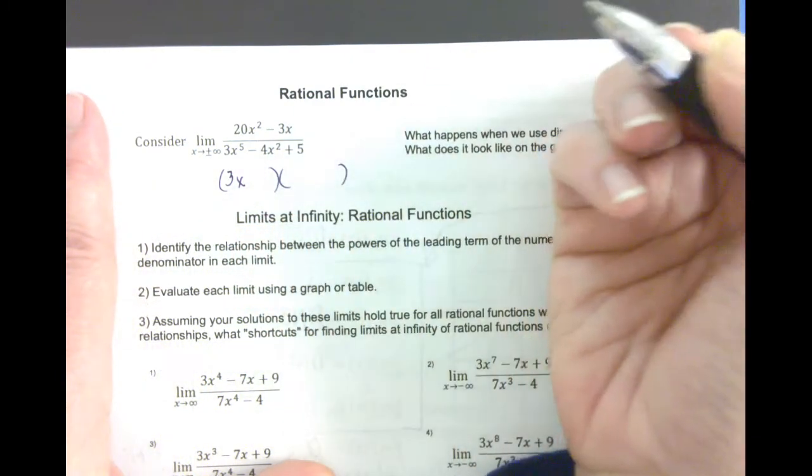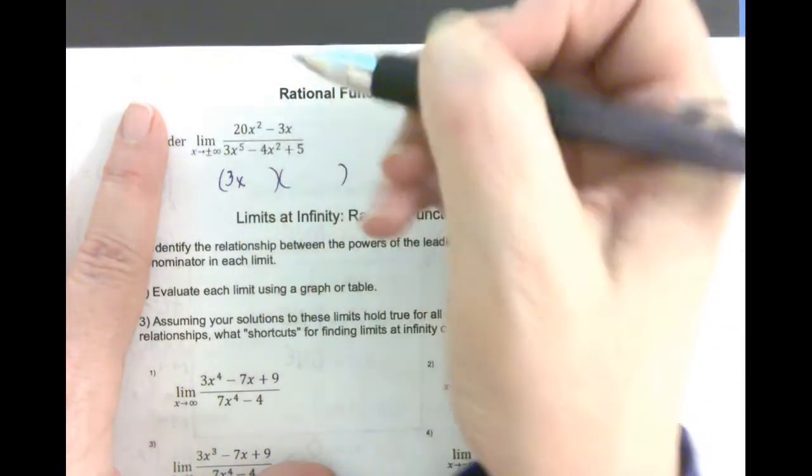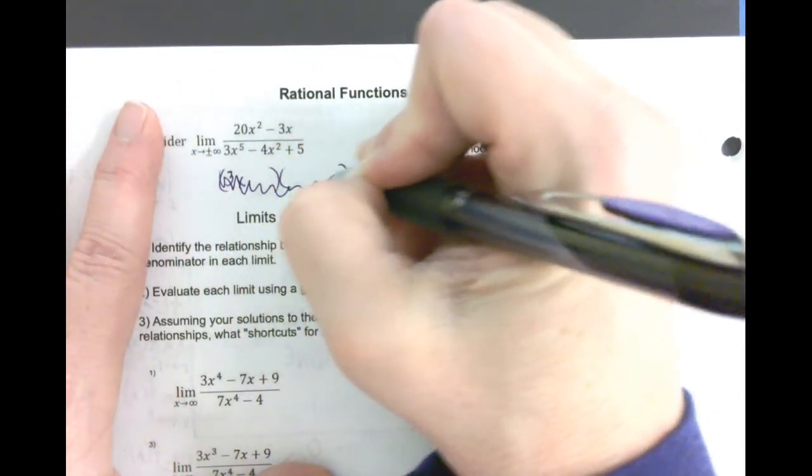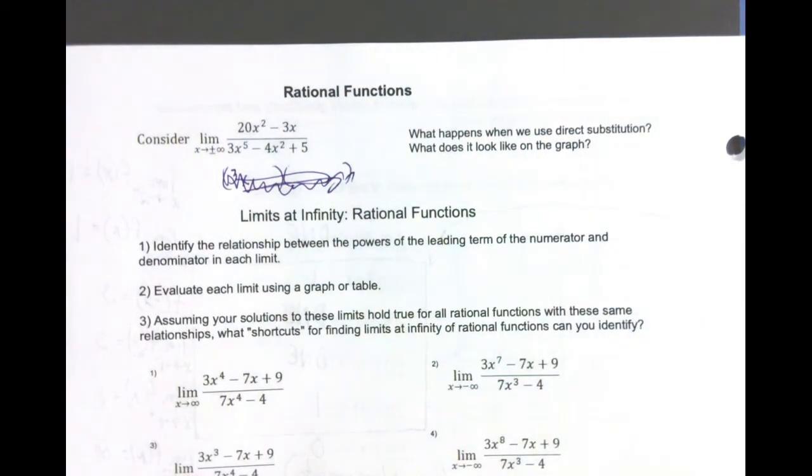No, it can't be factored, can it? Oh no, it's x to the 5th. So, I can't even factor that and find where my function has vertical asymptotes. Well, that's okay because it is asking me the limit as x approaches. This is asking two different questions. What is the limit as x approaches infinity, and what is the limit as x approaches negative infinity?